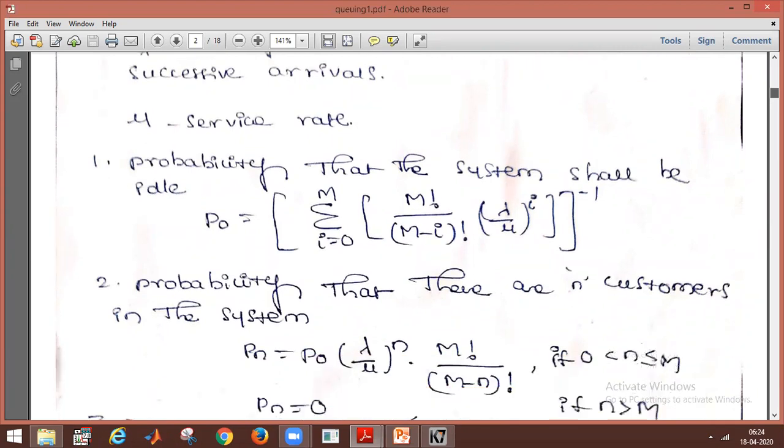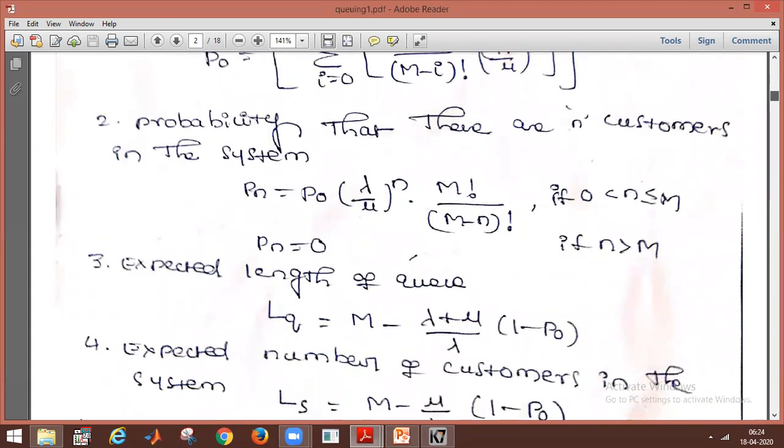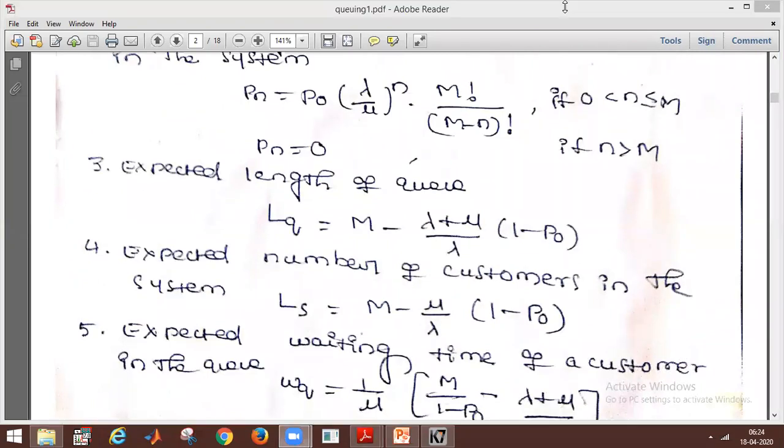The next formula is the expected length of the queue, symbolically represented as LQ equals M minus (lambda plus mu) by lambda into (1 minus P naught). Here M is the source parameter, LQ is the length of the queue, lambda is the arrival rate and mu is the service rate.